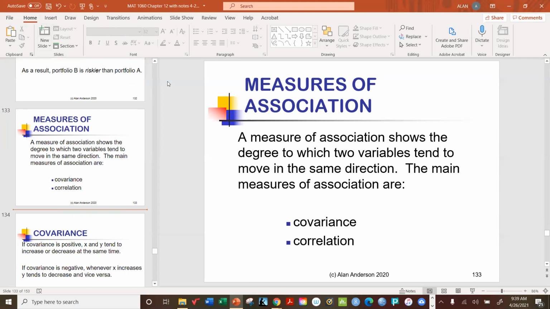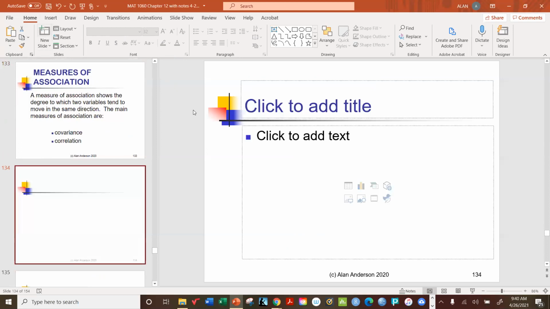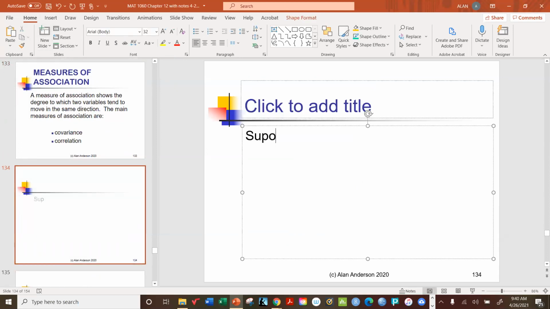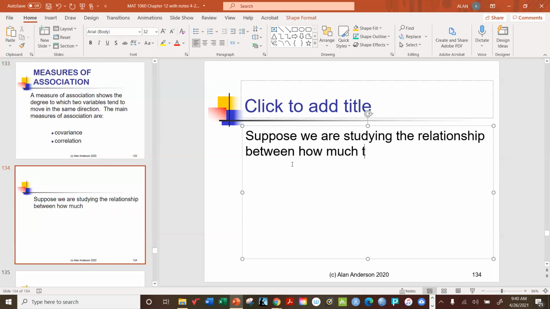All right, so let me just give you a few quick examples. Suppose we are studying the relationship between how much time students study every week and their grade point averages.